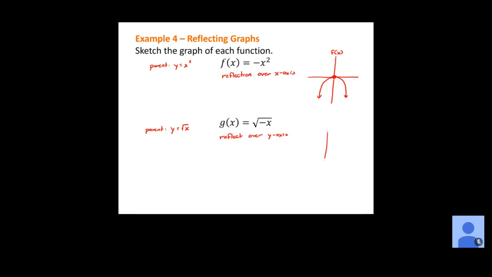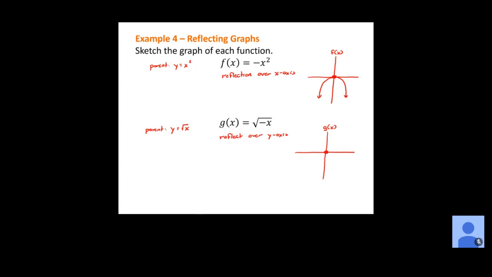Okay, so if we think about that graph, what's that going to look like then if we reflect the square root of x function over the y-axis? Good. This time it's going to open up and to the left instead. So we're still starting from the origin.